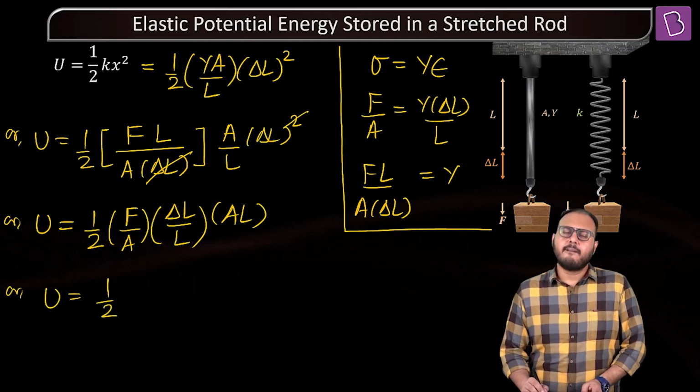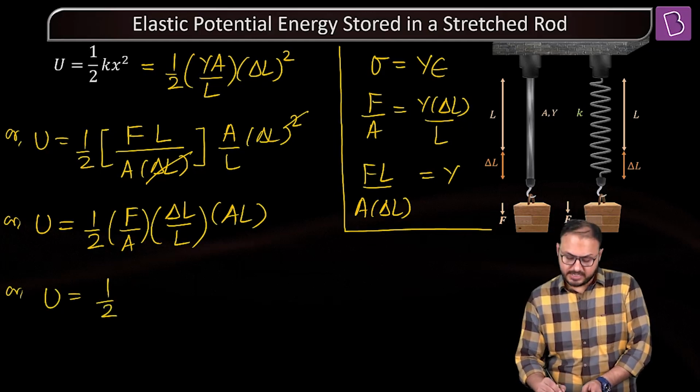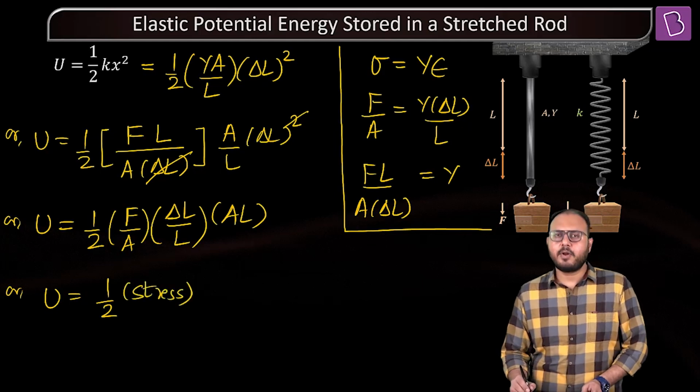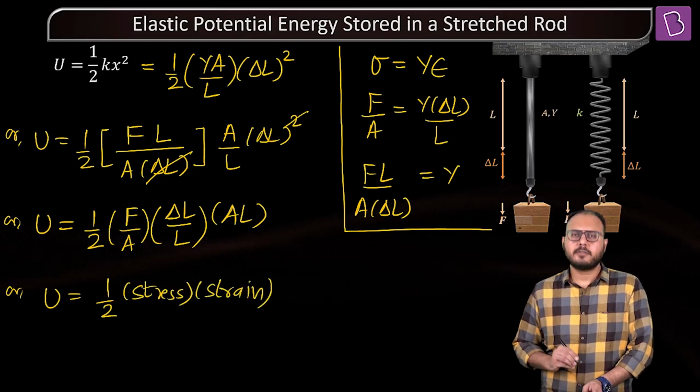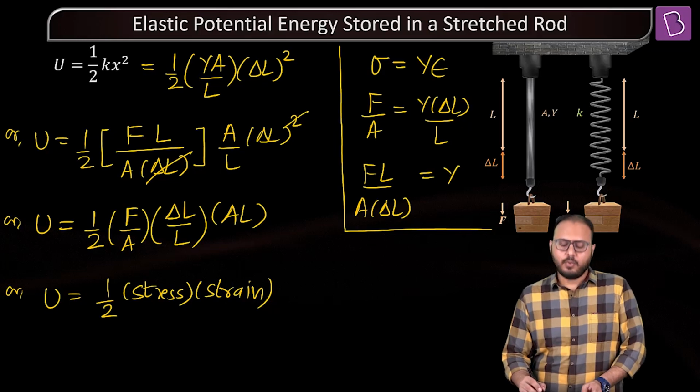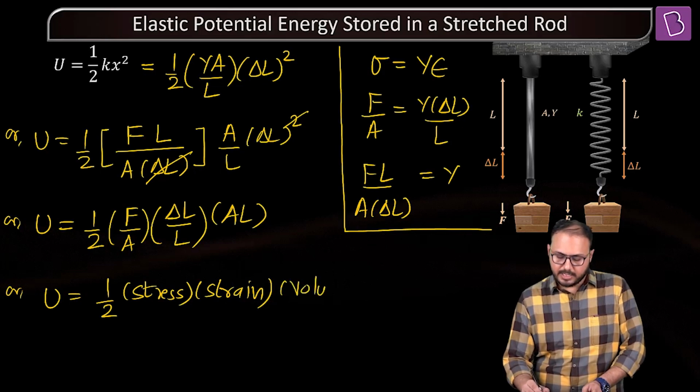What is force upon area for that rod? Oh, that's stress. You sure? Yes, sir. What is delta L upon L for that particular rod? Oh, that's strain. You sure? Yes, sir. What is AL? Oh, AL is the volume, sir. Nice.